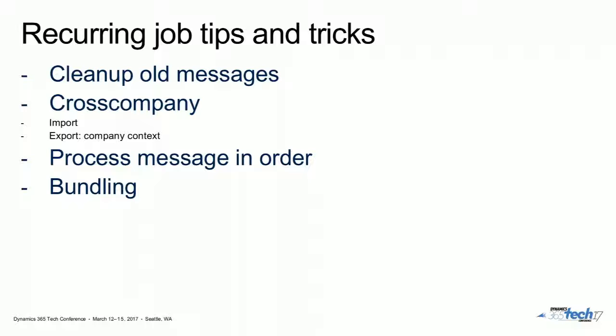So the other trick you can do here is you can develop your own entity, and on the entity there is a property called company context, which is usually set to the data area ID, so you can remove that. That means that this entity can now see data across the companies. But the only other thing you have to do with this entity is you have to set the property read-only.